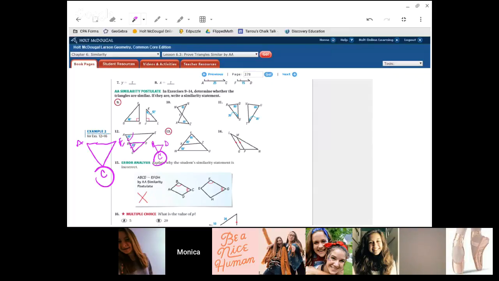So do you see an angle that they share? So that angle, since it's the exact same angle in both triangles, would be the other angle that they need to be able to prove them similar. Okay?